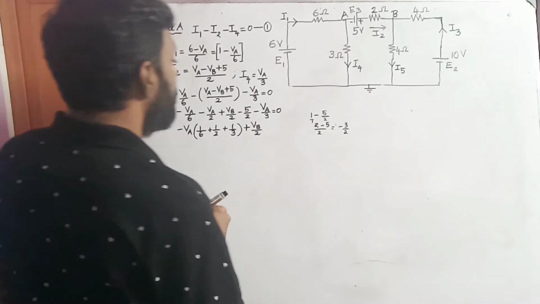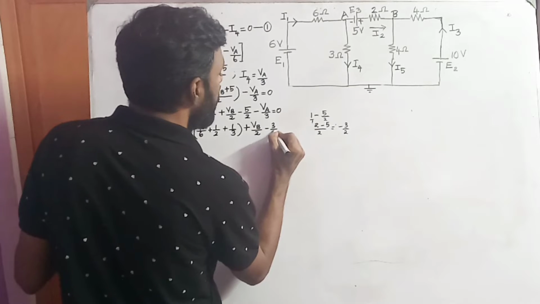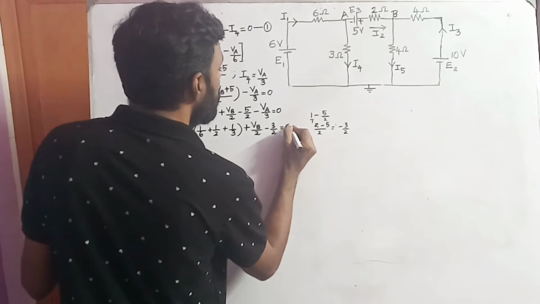So it will be 1 minus 5 by 2, which is minus 3 divided by 2, equal to 0.